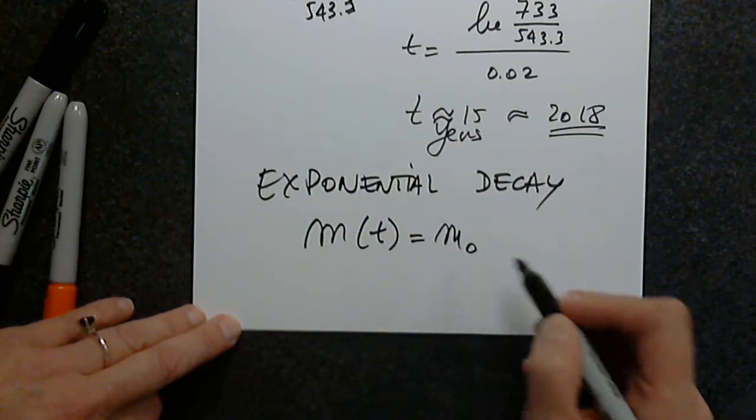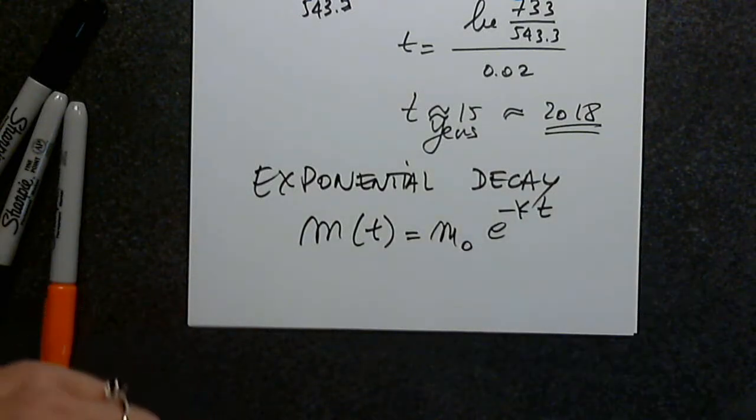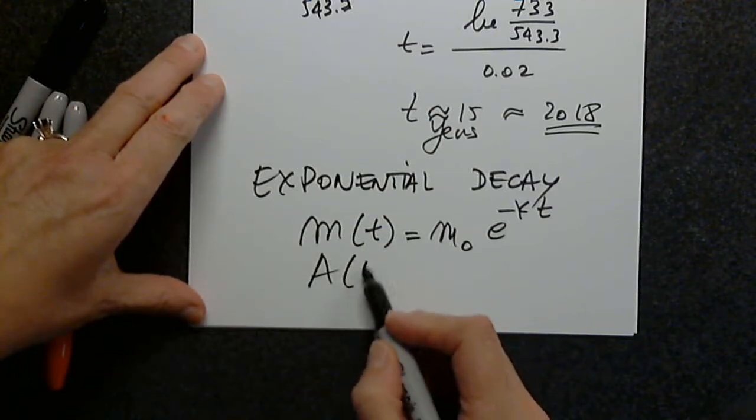So this is mass: the initial mass times e to negative kt, where t is time, k is the decay rate, m0 is the initial mass, and m is the mass at time t. Of course, you can use A of t as well.